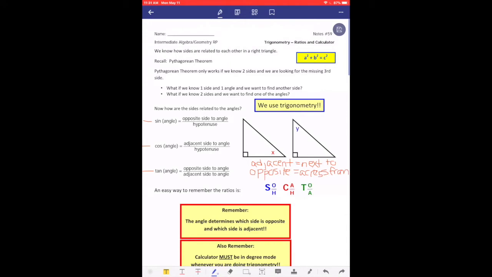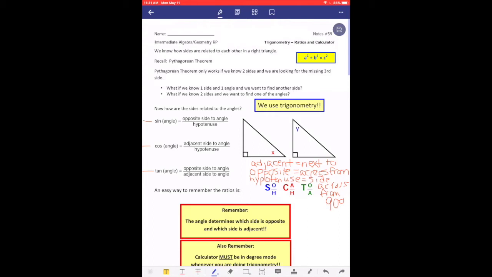And then your hypotenuse is the side across from the 90-degree angle. So that's some important information you're going to need in order to fill out these triangles.